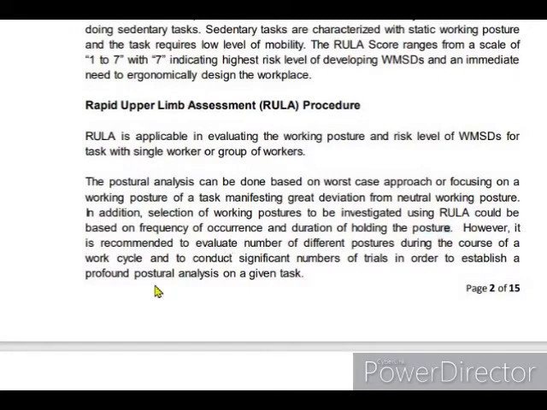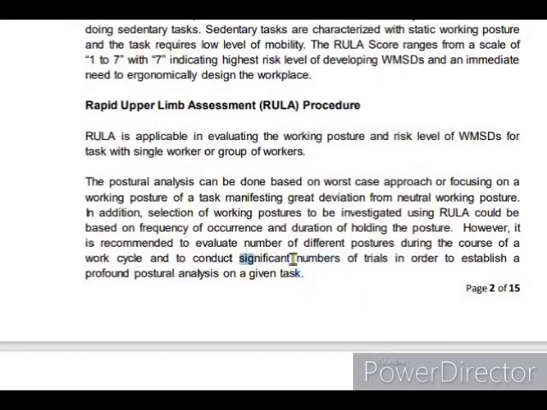So, however, it is recommended to evaluate a number of different postures during the course of a work cycle. So, kailangan hindi lang isa. Dapat meron ka man lang a number. Kasi sa pagsabi ng a number, hindi yan isa. So, marami yan. And to conduct significant numbers of trials in order to establish a profound postural analysis of a given task. Okay? So, significant numbers.